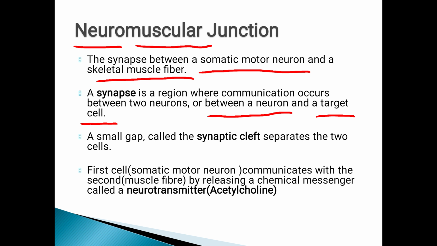So it is a communication between somatic motor neuron and muscle fiber. How do they communicate? By releasing a chemical messenger which is called neurotransmitter. Now in today's class the neurotransmitter is acetylcholine.